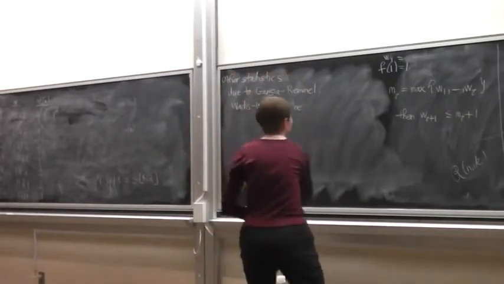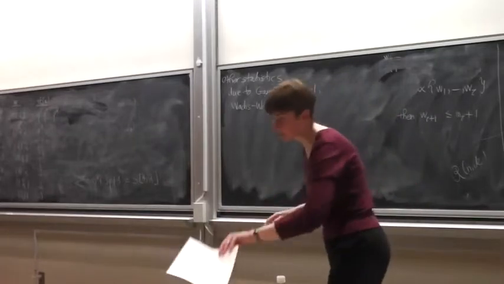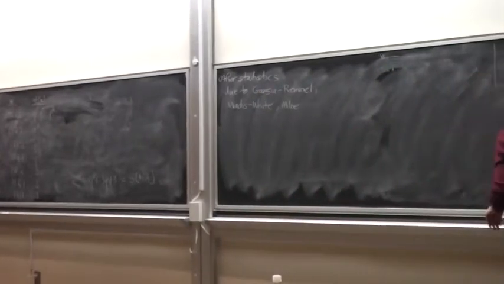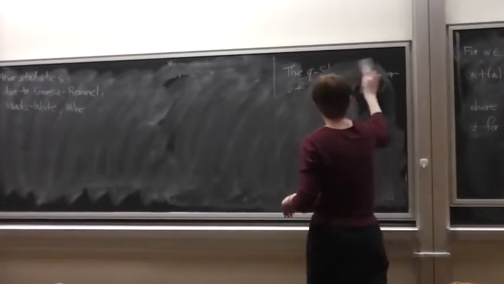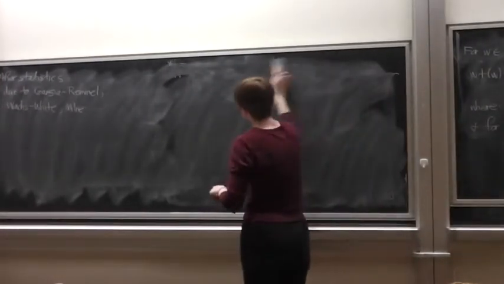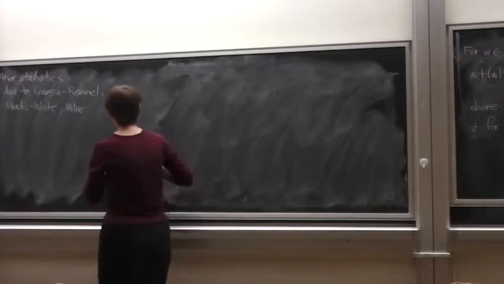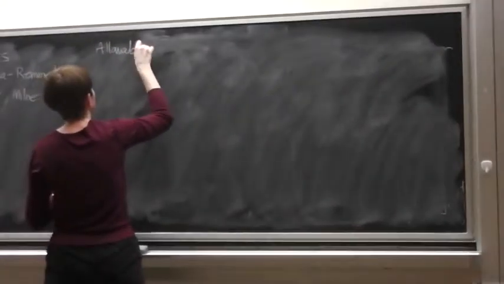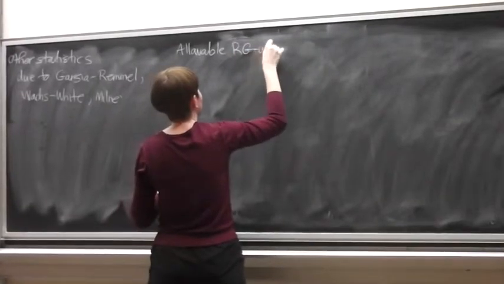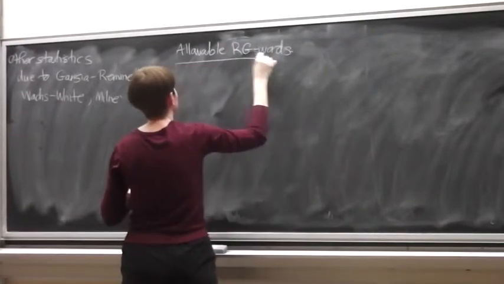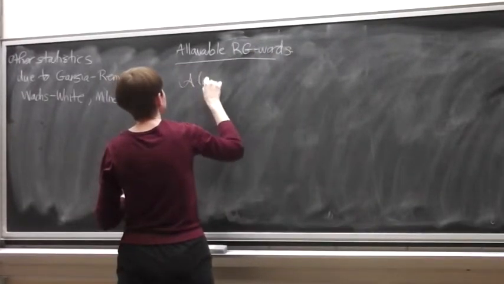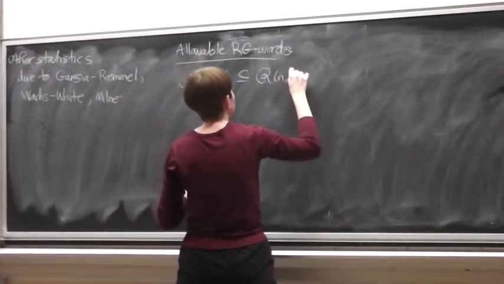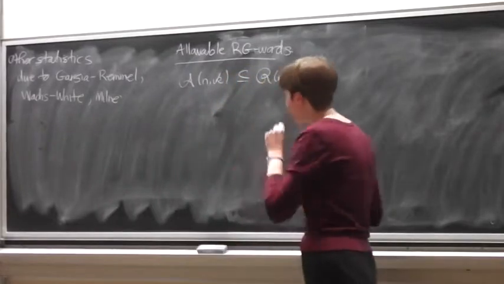So I'm going to state it schematically. Allowable RG words, denoted script A_k, is going to be a subset of these RG words, and they look like the following.